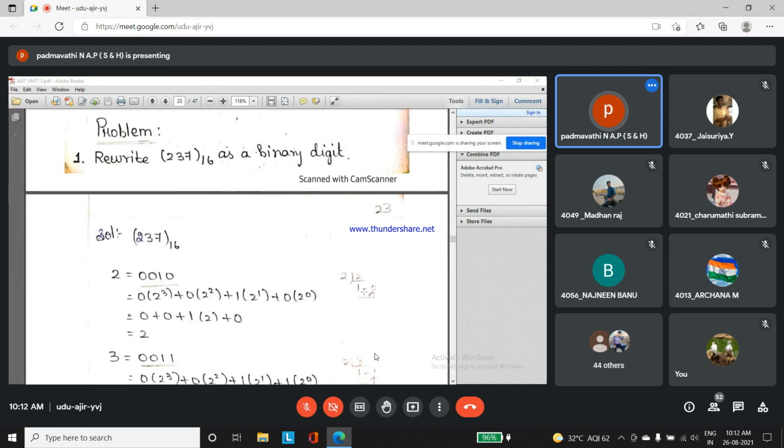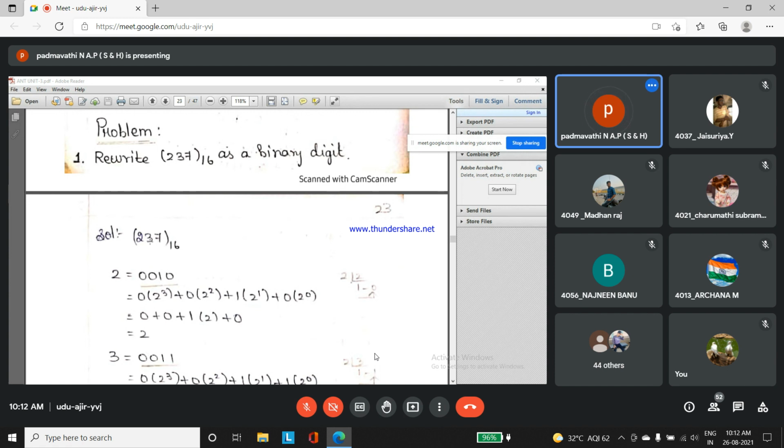Given is hexadecimal, so we consider 4 digits: first 1 0, then add 0 0 in front of 1 0. So 0 into 2 power 3 plus 0 into 2 power 2 plus 1 into 2 power 1 plus 0 into 2 power 0, and the answer is equal to 2.